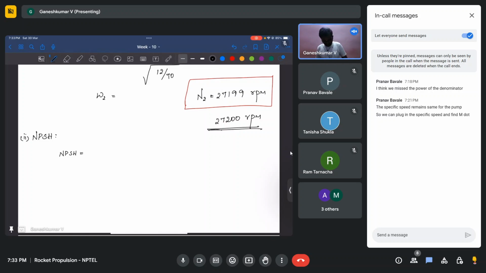I'm going to directly write the formula. So this is what we call net positive suction head. And why do we need to worry about this parameter? For your reference, this is at the entry of the pump. This is vapor pressure.